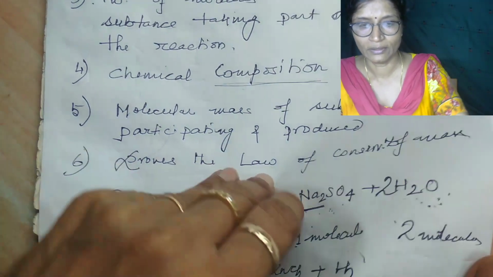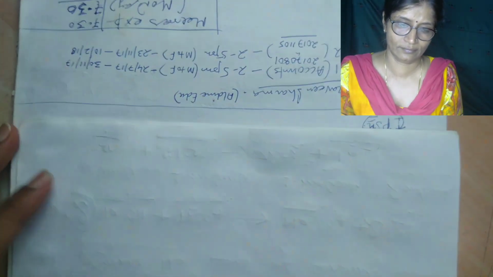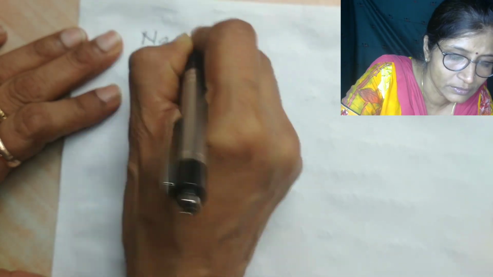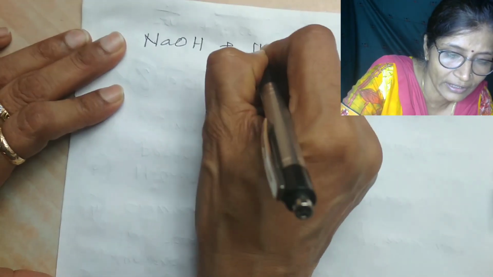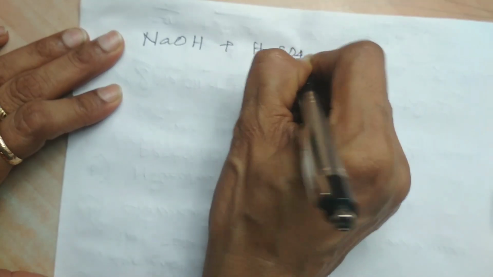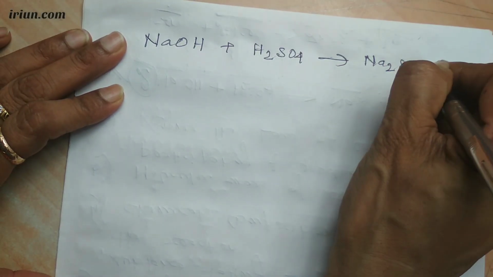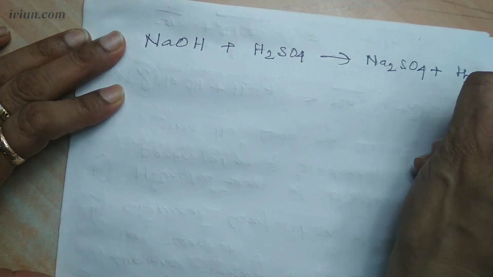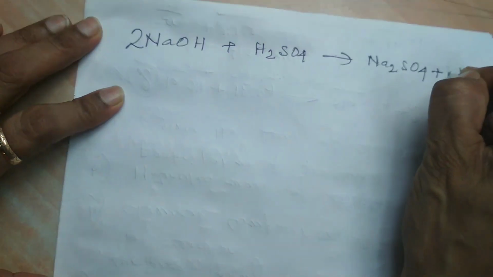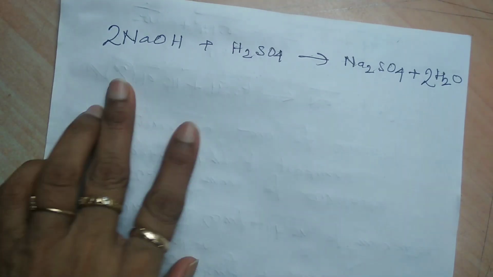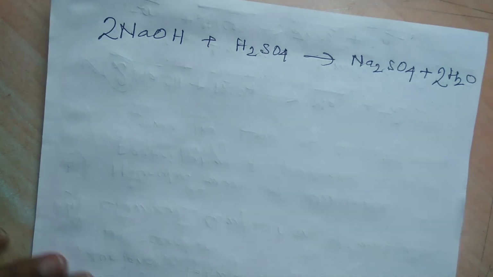For example, this reaction: sodium hydroxide reacts with sulfuric acid and gives sodium sulfate plus water. Balance it. So this is the balanced equation. So it gives molecular composition as well as molecular mass.